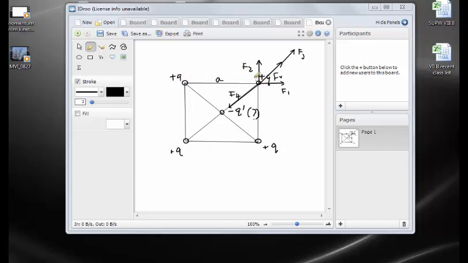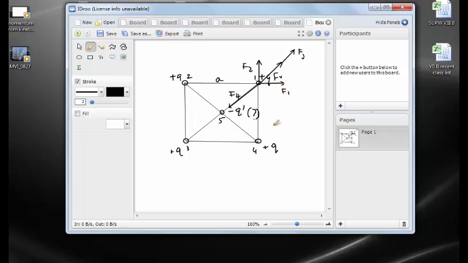I name these corners 1, 2, 3, and 4, and the center I name 5. Now the charge 1 will experience a force due to the charge at 2, and this force will be towards the right. This is the force F1.